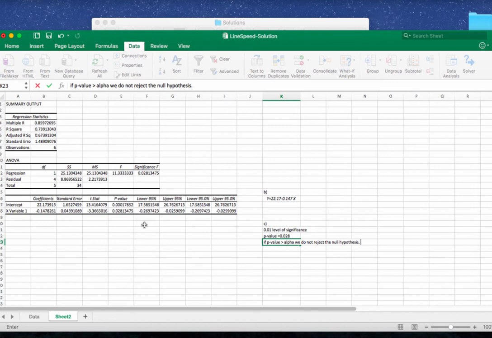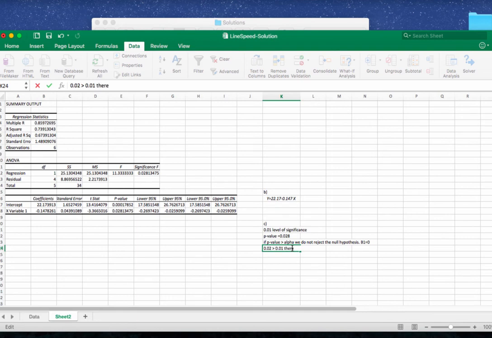That is, in fact, beta 1 is equal to 0. That's the null hypothesis. In our case, the p-value, which is 0.02, is greater than 0.01. I'm sorry, I did it wrong.